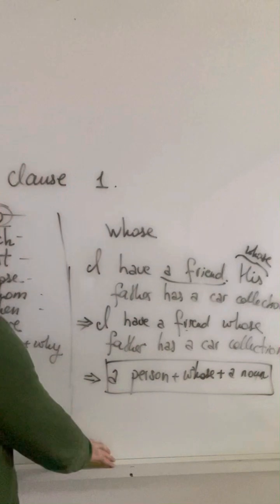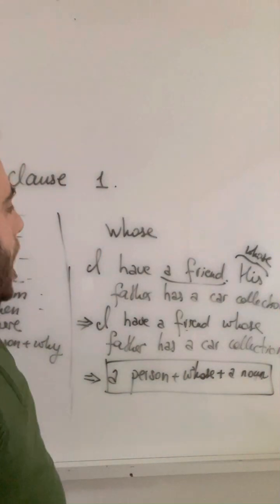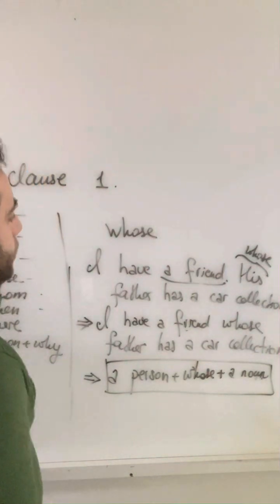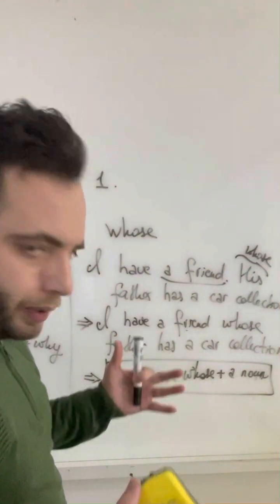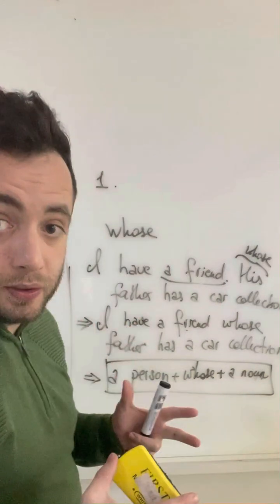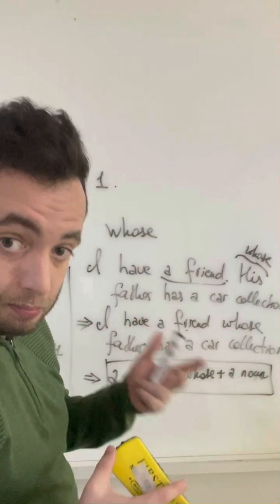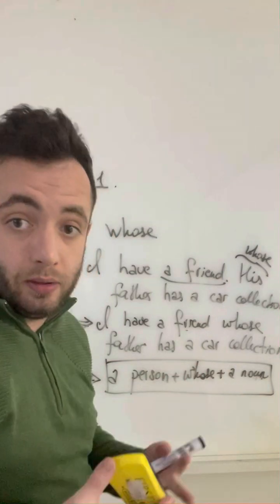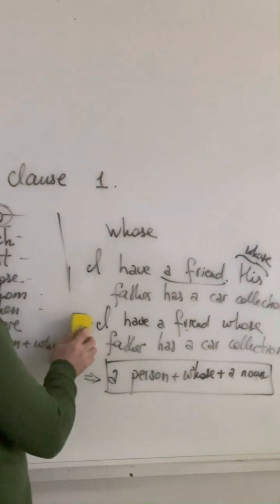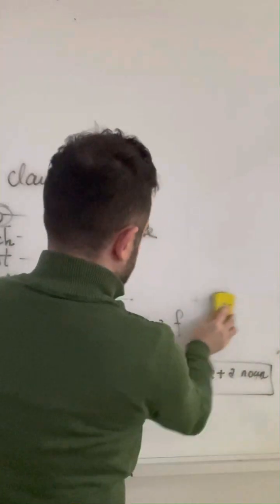And the second application, let's say, of whose here is to combine sentences based on inanimate things. Let's look at that one. Let's move to here and clean the pot.